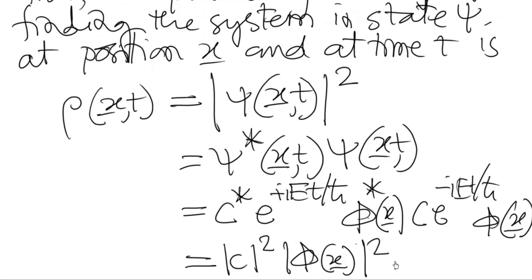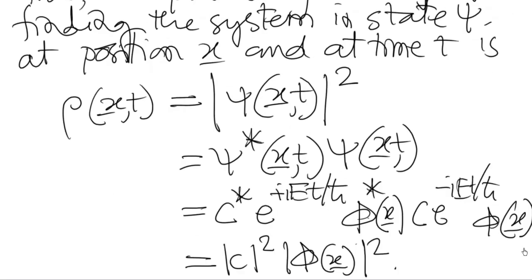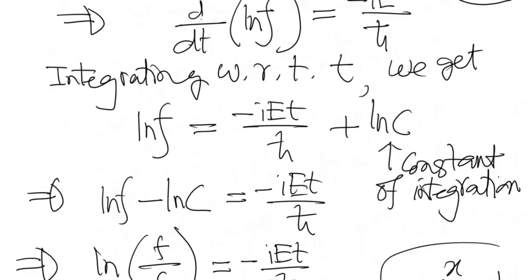So what we see from this equation is that the probability density does not depend on time. And this is equation number 9.